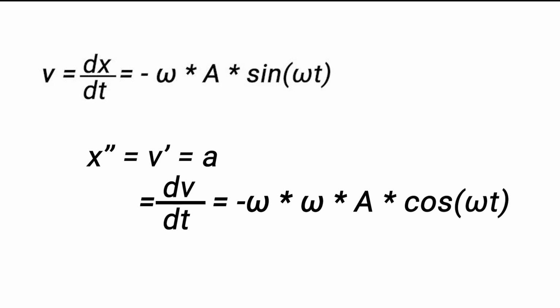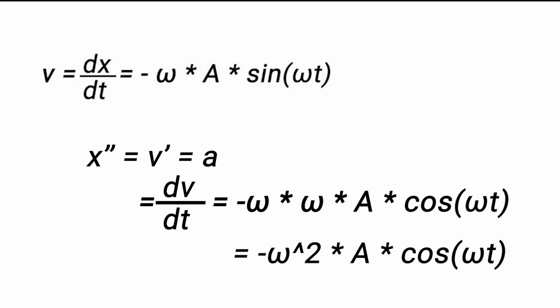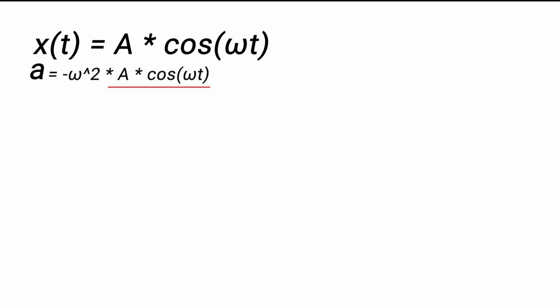This can be simplified a little bit to negative angular velocity squared times amplitude times cos, the same as before. Notice that the right hand side of the equation is exactly the same as the x equation beforehand. So we can simplify that again into negative angular velocity squared times x.